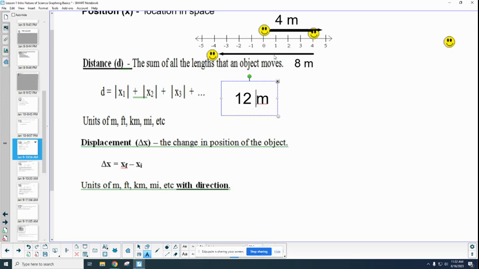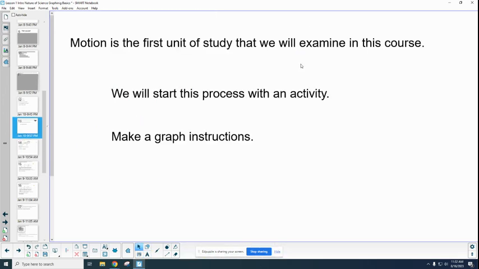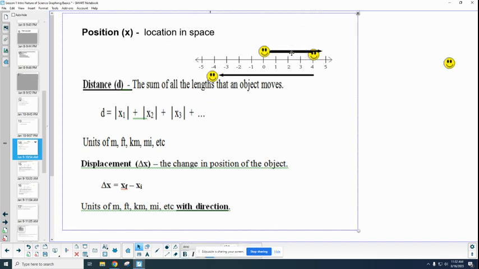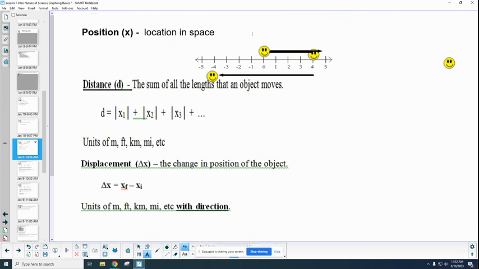So if I start with this problem here again, we're doing the same path here. We're still starting with our initial position, which was xi for initial.